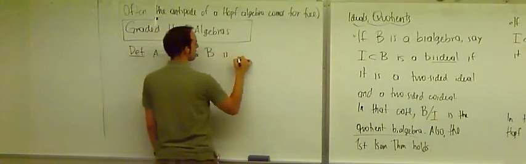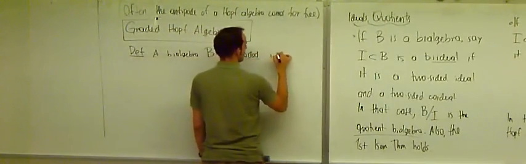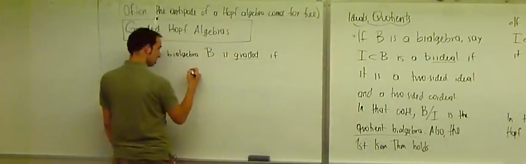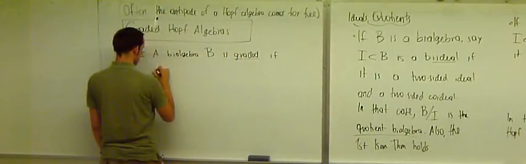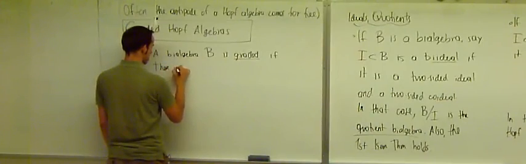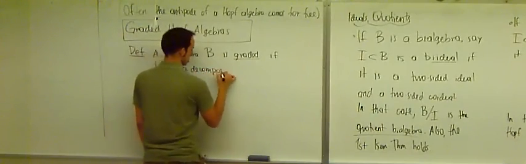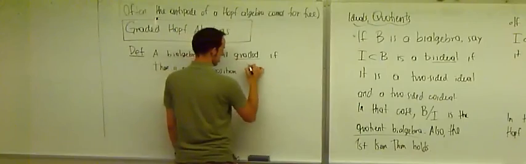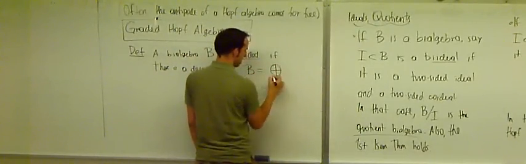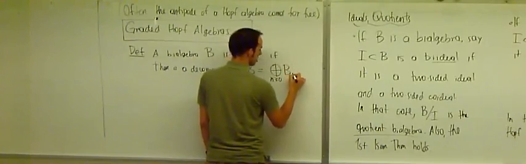A bialgebra B is graded if I have a decomposition of B as a direct sum, for n greater than or equal to 0, of Bn.